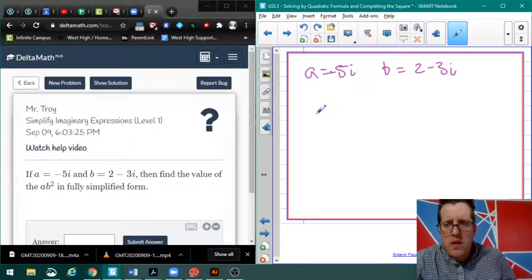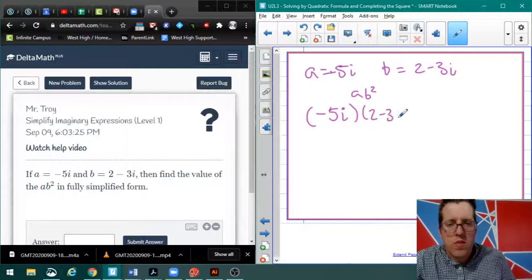So A is negative 5i, so I want A times B squared, and B is 2 minus 3i.